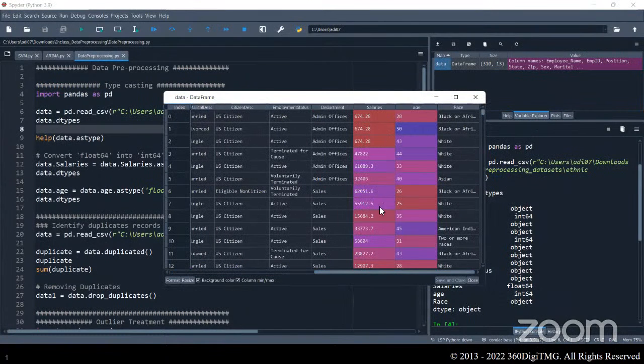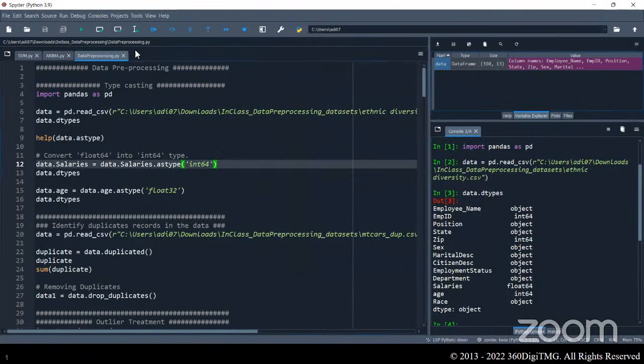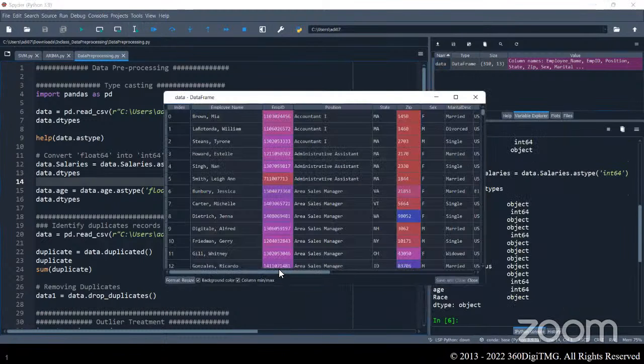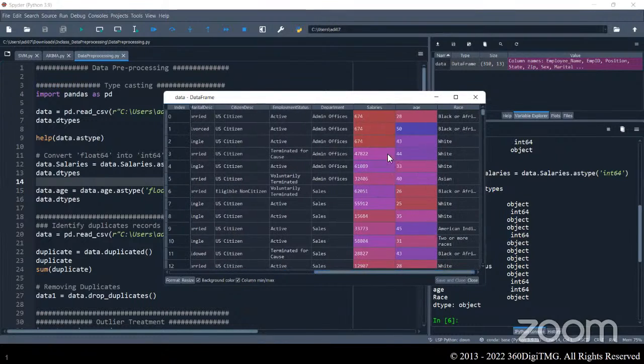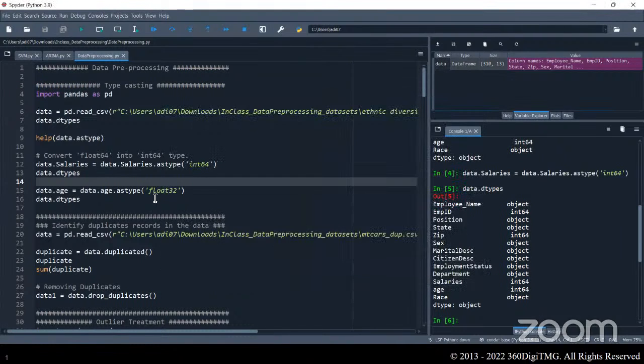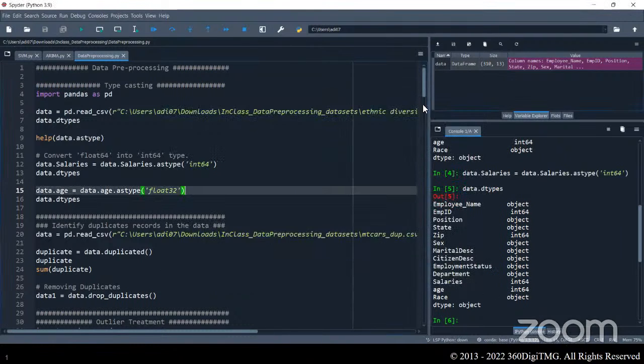So here we see we have decimal points. If I run this now and take a look at this, we can see that the decimal value has been removed. Okay. And similarly, we have this age column.